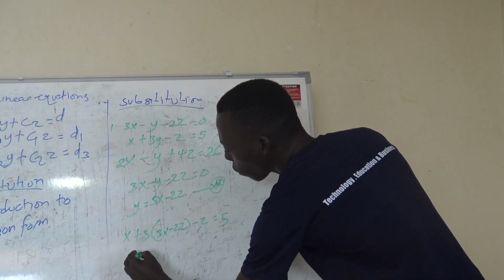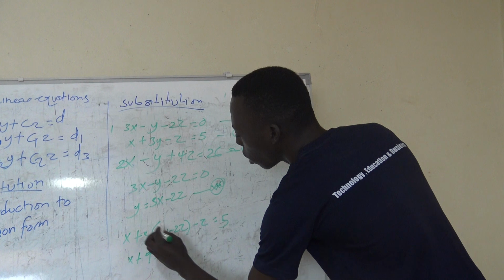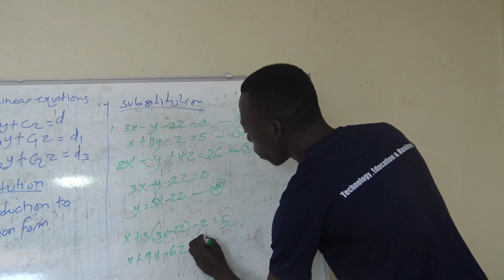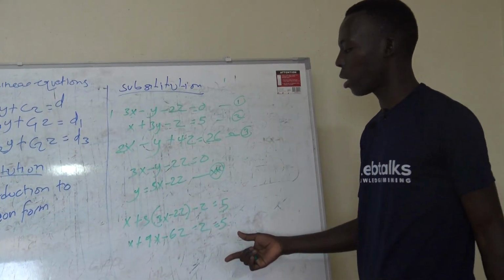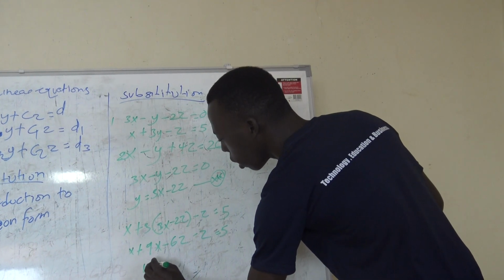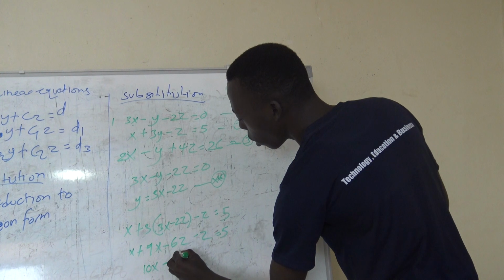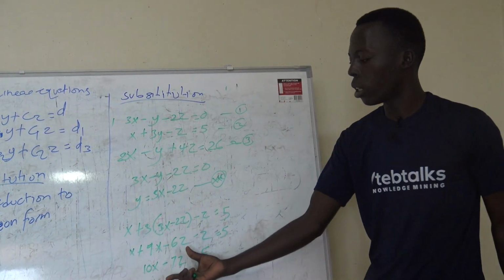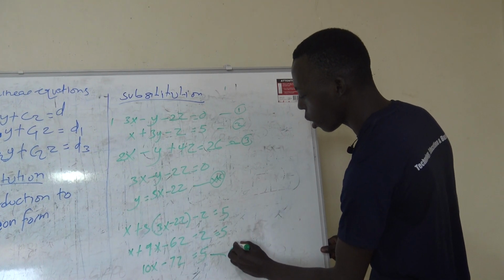So it will be x plus 9x, then minus 6z minus z equals 5. When you add x plus 9x, you get 10x, then minus 6z minus z is minus 7z equals 5. So we have this one in terms of x and z. Call this one equation A.